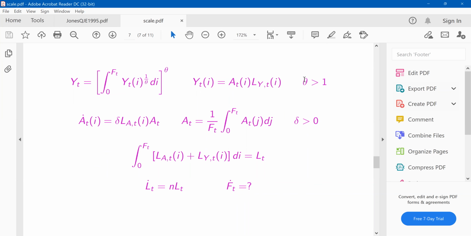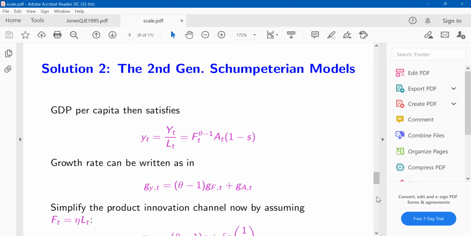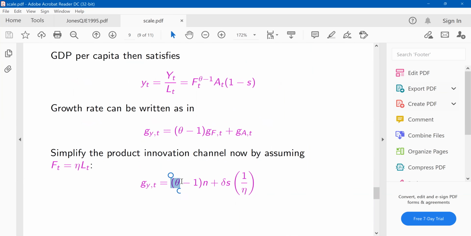But we don't know how large theta is. Lentz and Mortensen actually show this relationship is weak, so they show theta must be close to 1. If you look at their paper, they find this derivative pretty weak.